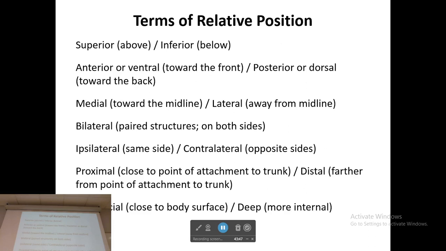This is going to be dorsal, and this is going to be posterior. Okay, for a human, ventral and anterior are both in the same plane. Dorsal and posterior are both in the same plane, right? Because we're standing up, right? So it's different for four-legged animals.